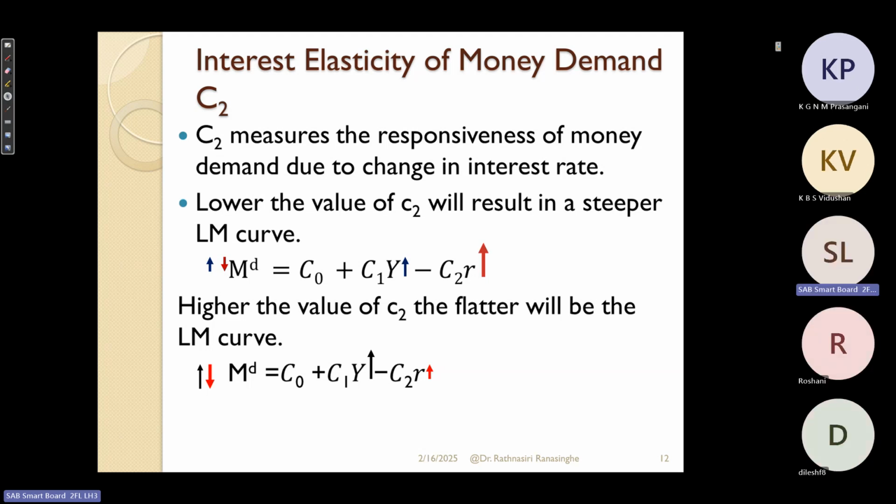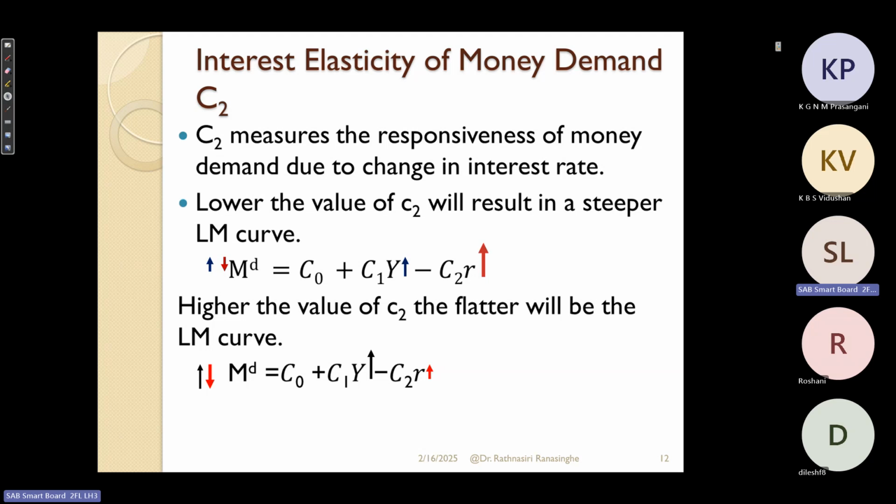So you want to know about the nature of C1 and C2 and the slope of the LM. If C1 is high, the income elasticity of money demand is high, and we get a steeper LM curve. If the income elasticity of money demand is low, we get flatter. If C2 is high, we get flatter.